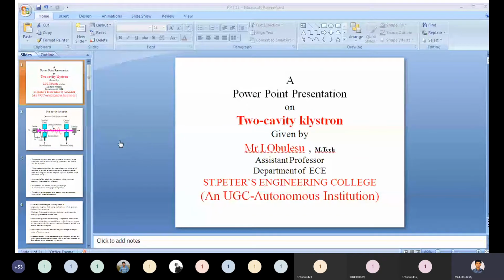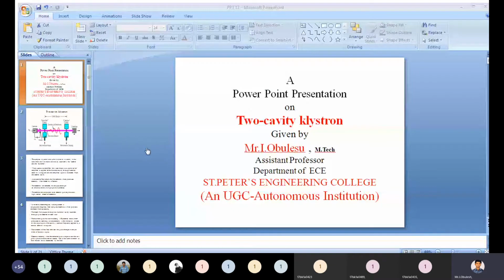These electrons are attracted to and pass through this anode cylinder, which is at a high positive potential.